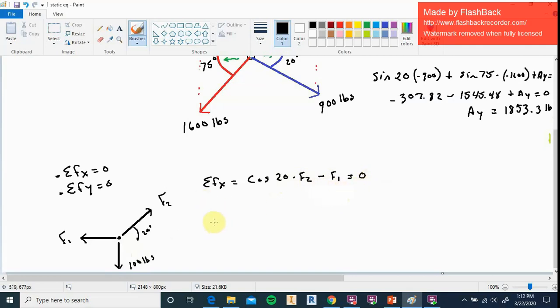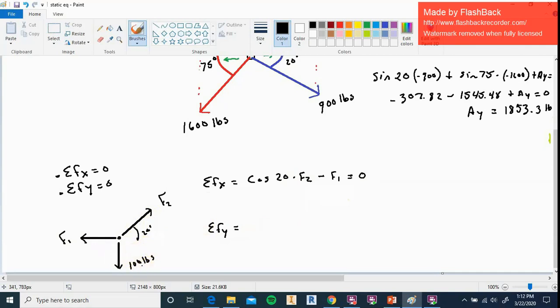So let's go ahead and write in our equation here for y. Okay, so now just like we saw with this guy, this one only had an x, so it does not have a y. Therefore, it would not be included in the y equation right here. So we've got F2 looks like it's going positive in y, going in the up direction.